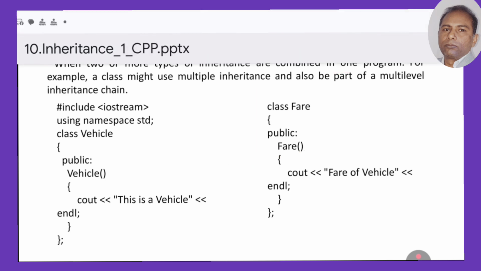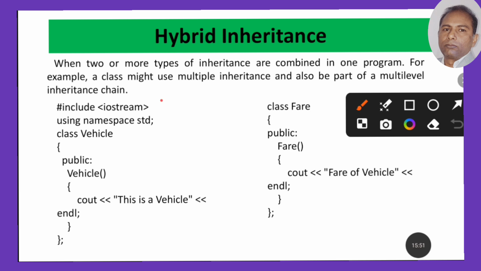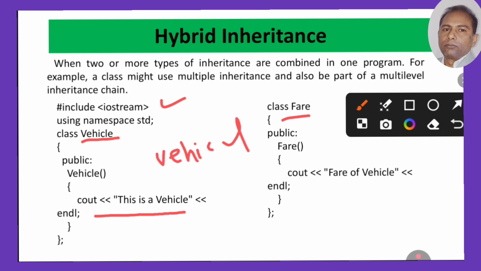So we can see one example here. We are including the header file here. Then we are making one class, that is the vehicle class. In the vehicle class we are having the output vehicle. Then we are making one class, that is fare. So one class is vehicle here, another class is fare.